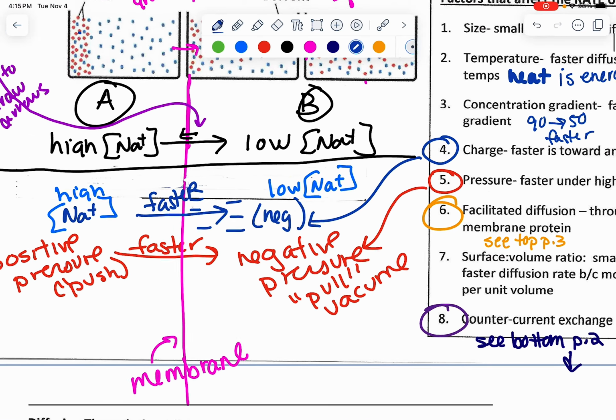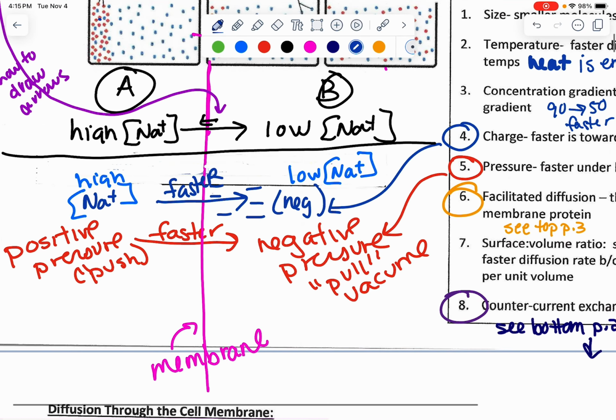So let's suppose I did this in blue here. I'm dealing with, again, this membrane, and I have a high concentration of sodium on side A, and a lower concentration of sodium on side B. But let's also suppose that side B has something else that has negative charges.